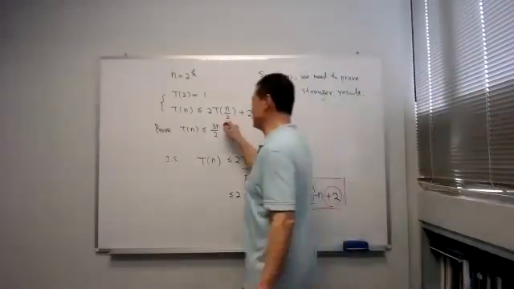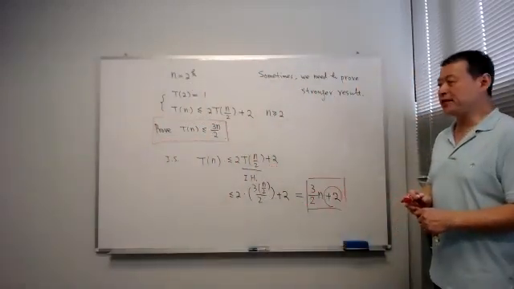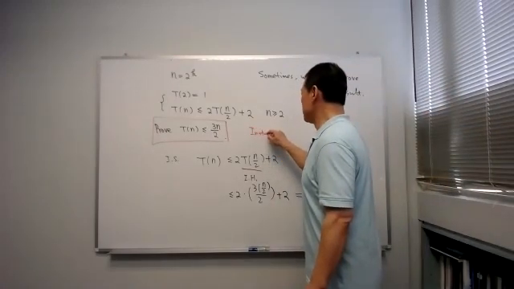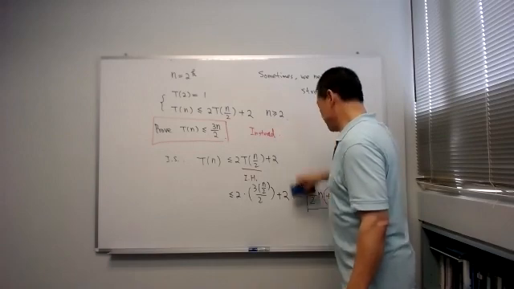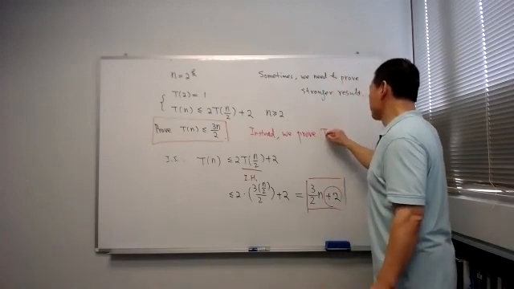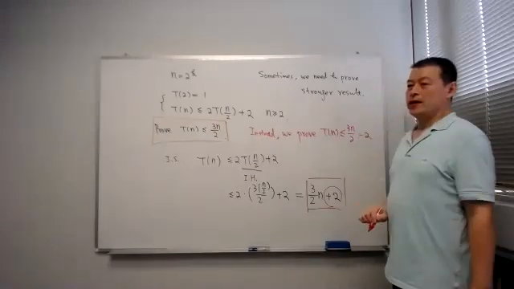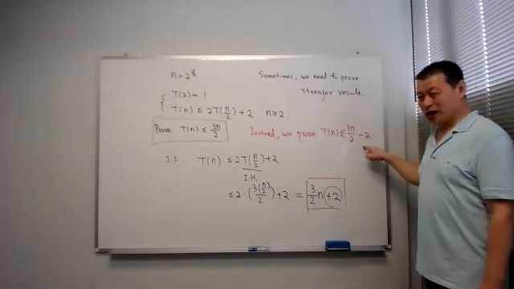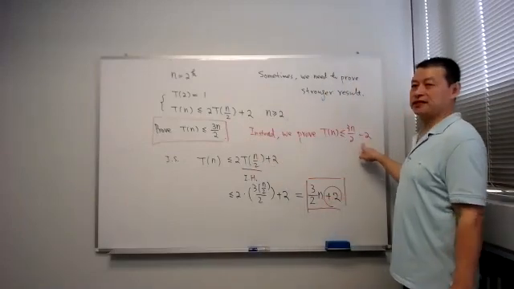Our purpose is to prove this one, but in order to prove it by mathematical induction, we instead prove a stronger statement. The reason is it works: this one cannot work in the induction step, but this one works.